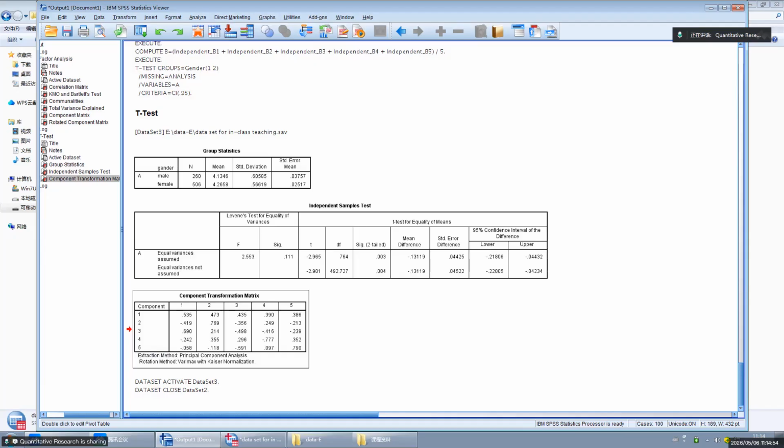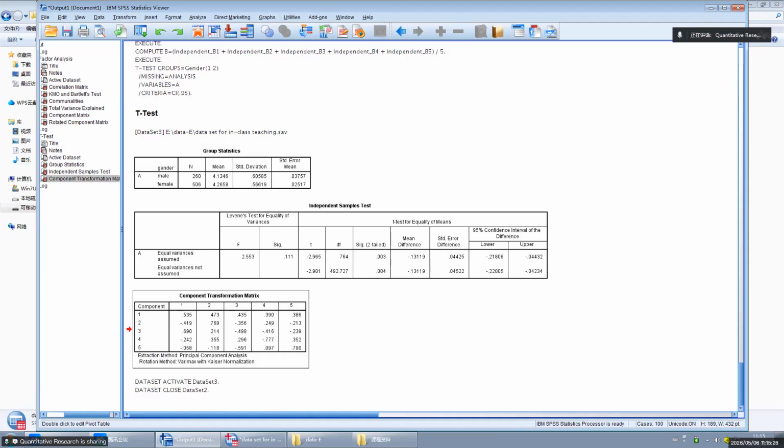The second p-value is 0.003. Is it significant? Yes. It is represented by 1, 2, or 3 asterisks.